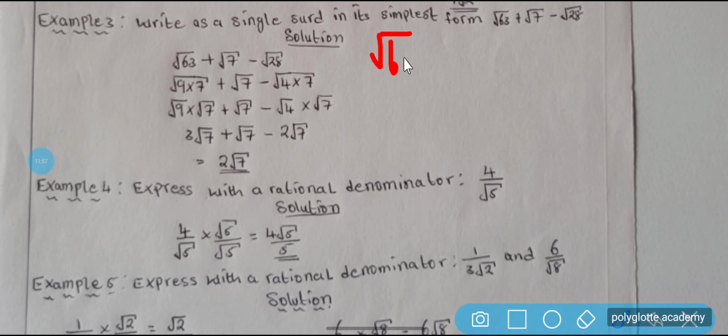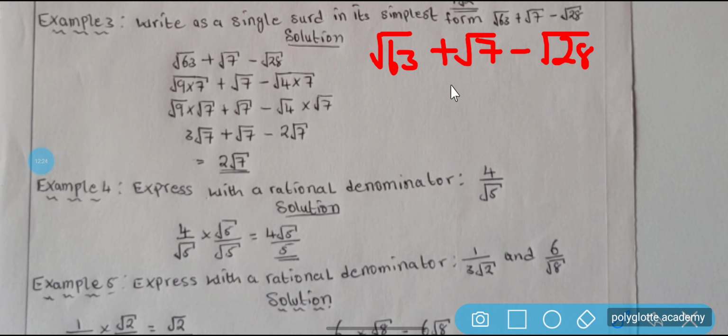We have root 63 plus root 7 minus root 28.